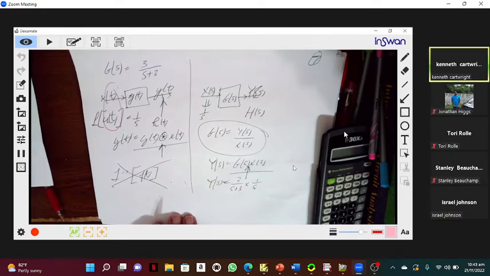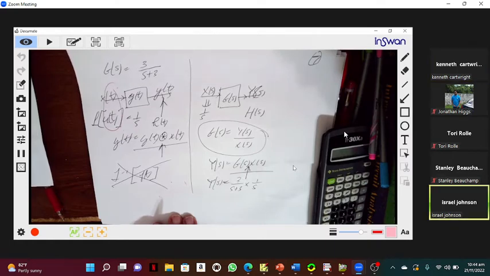What does that mean? 3S over S plus 3. Does that make algebraic sense to you? Not much. No, sir.